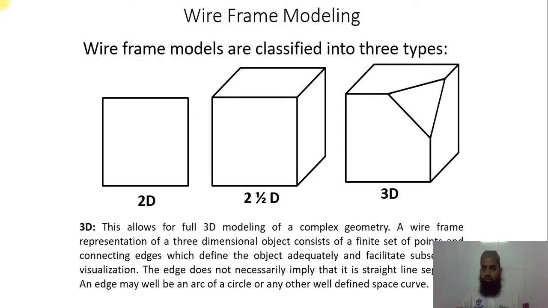Visibility is also good in the case of 3D, and we can easily judge and extract the information from it. The edge does not necessarily imply a straight line segment. An edge may well be an arc of a circle or any other well defined space curve.